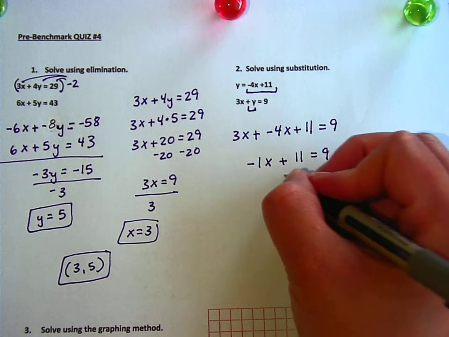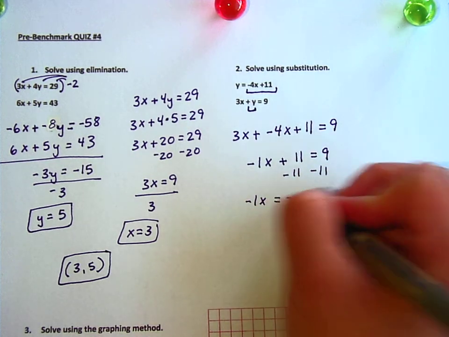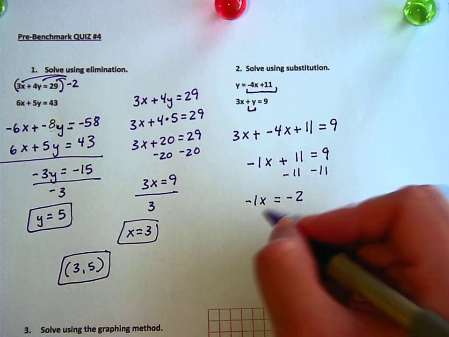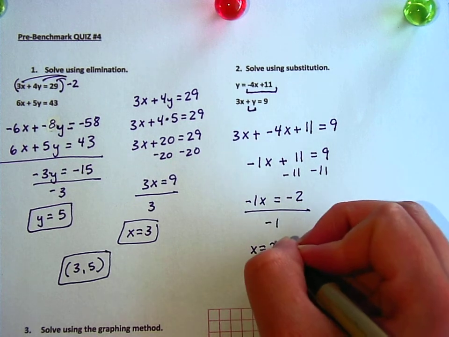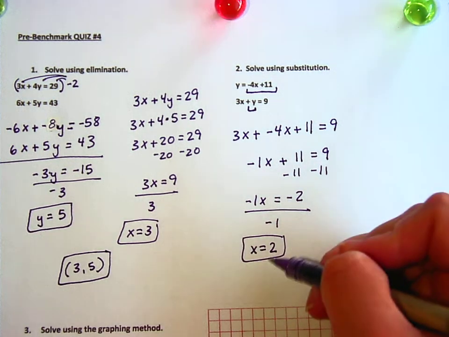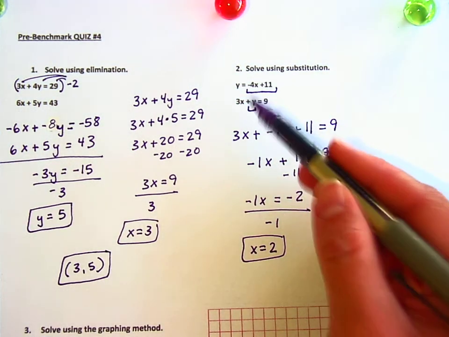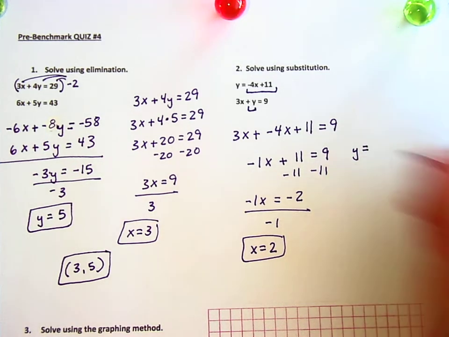And then to get rid of 11, I subtract 11 on both sides. I've got negative 1x equals negative 2. And then divide by negative 1 on both sides, I get x equals positive 2. All right, now that I've got x equals positive 2, I'm going to plug that number into one of these two equations. I'm going to pick the top one. You don't have to pick the top one. Either one works.